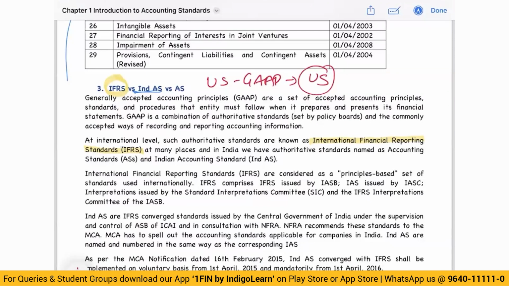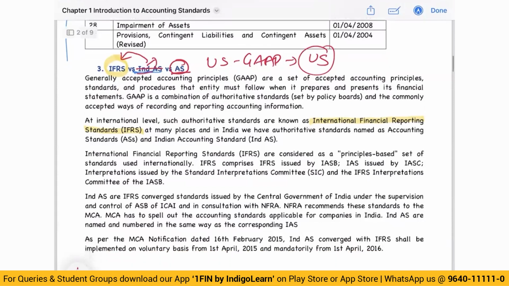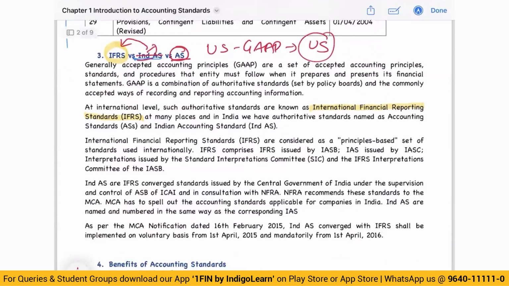Now, in India, what happens is you have two sets. One is called Ind AS, another one is AS. Ind AS is an IFRS based standard, and accounting standards are separate. Accounting standards are not directly based on IFRS. Ind AS is a recent addition. Recent means not very recent. We started implementing these from 2016 onwards.